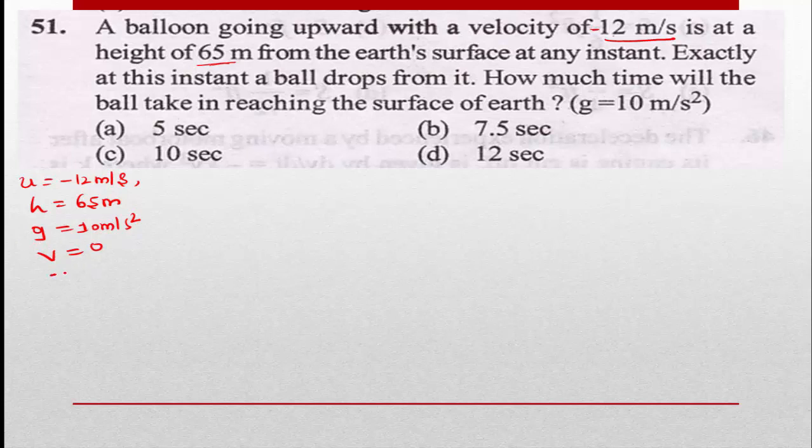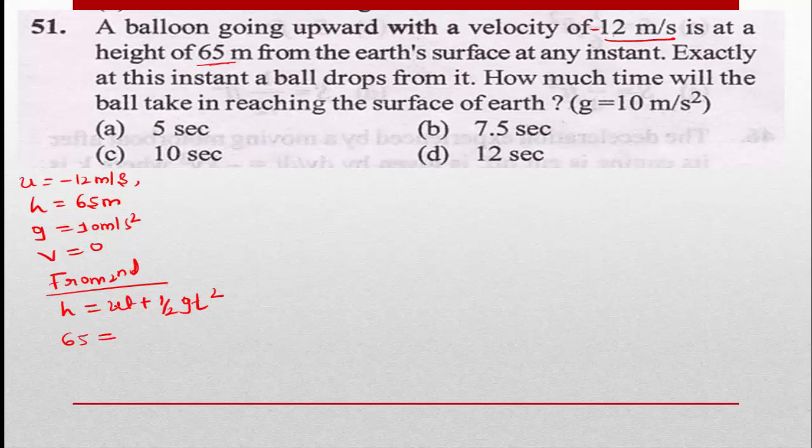From the second kinematic equation, s equal to h is equal to ut plus half g into t square. Here h is 65 meter.